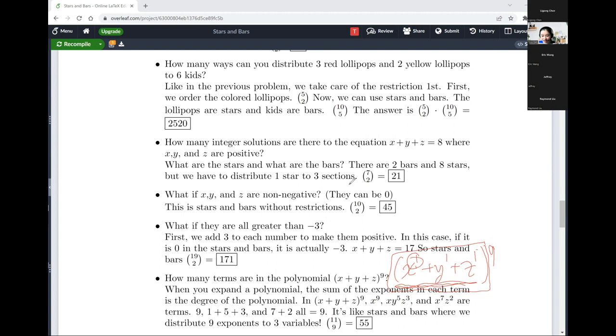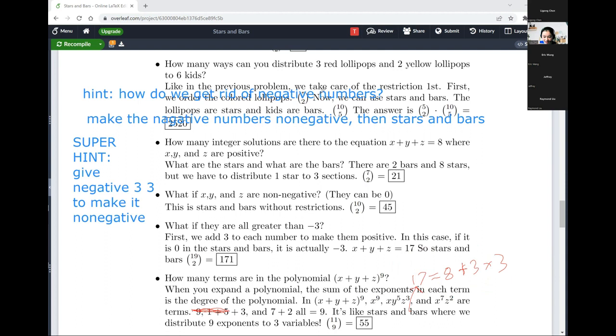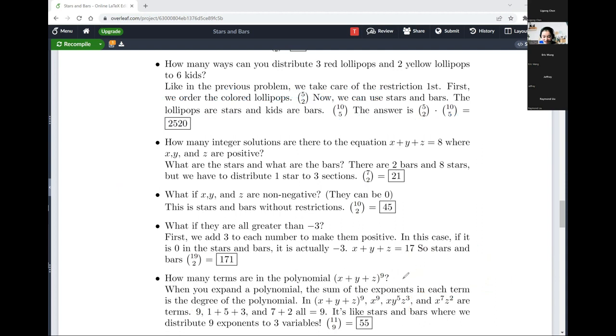So for example, the very first term of this expanded out is x to the 9.